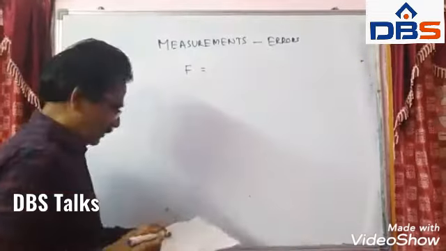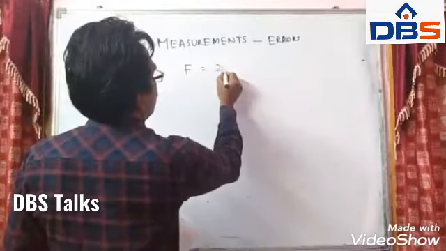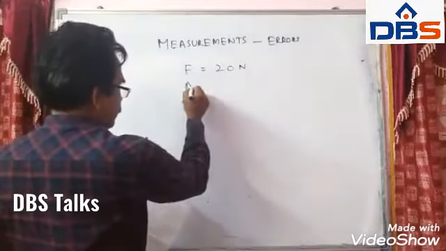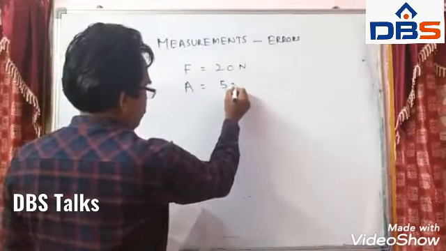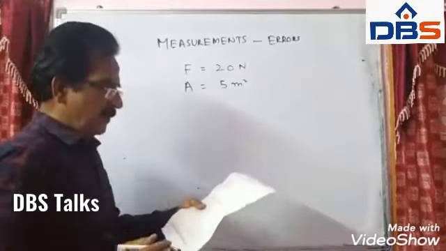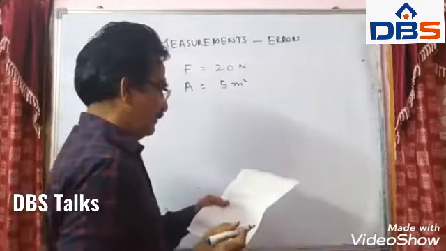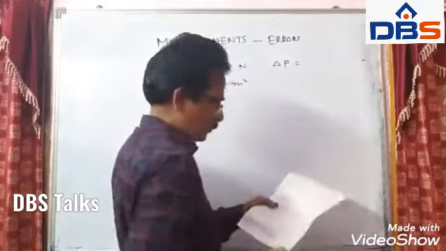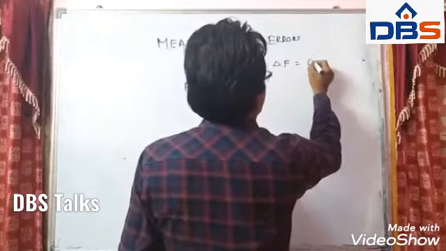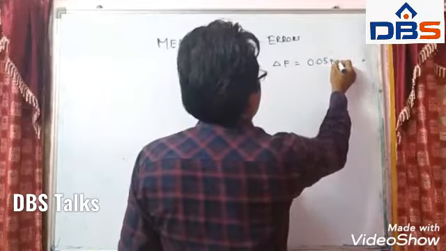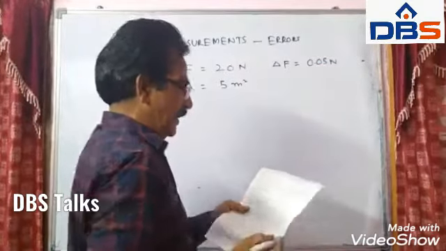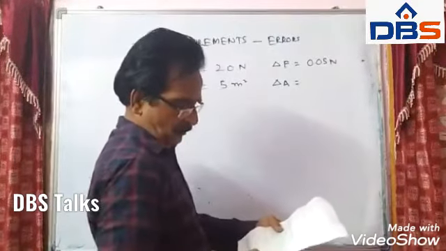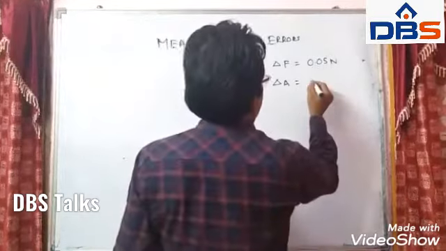Force is equal to 20 newtons, and area is equal to 5 meters square, with errors delta F is equal to 0.05 newtons, and delta A is equal to 0.0125 meter square.